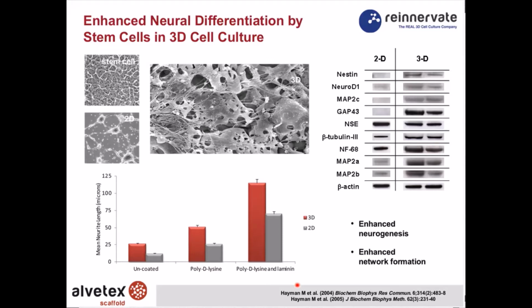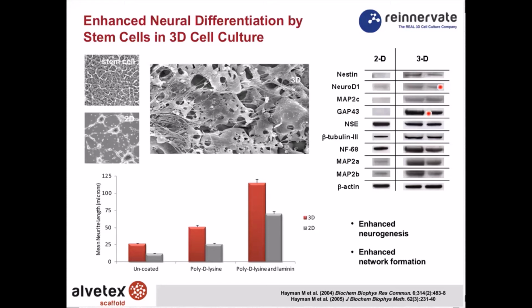In this experiment, we took these 3D cultures, or 2D cultures as well. We extracted protein, as you can see, and we then ran Western analysis for various neural markers. And you can see quite nicely that neural markers such as these growth-associated proteins here and here, so MAP2C and GAP43, are regulated at much higher levels in 3D compared to 2D.